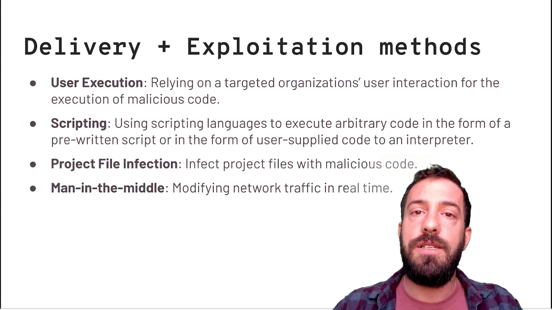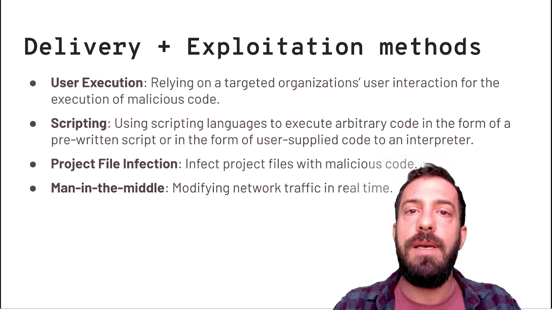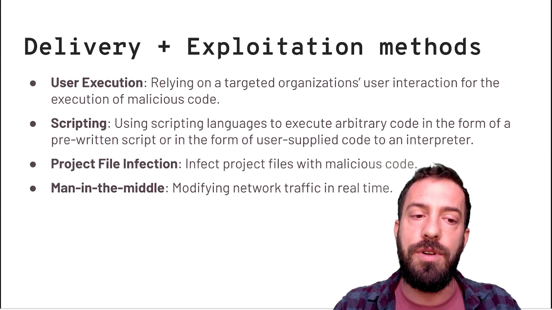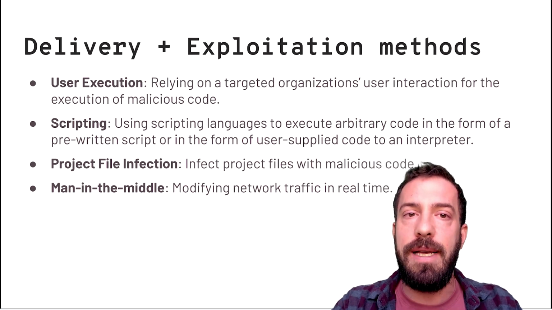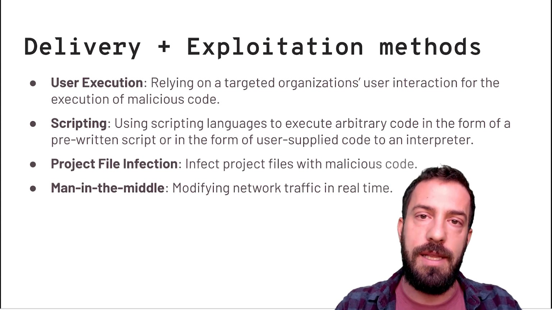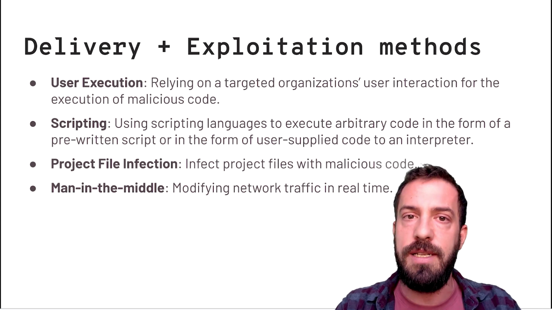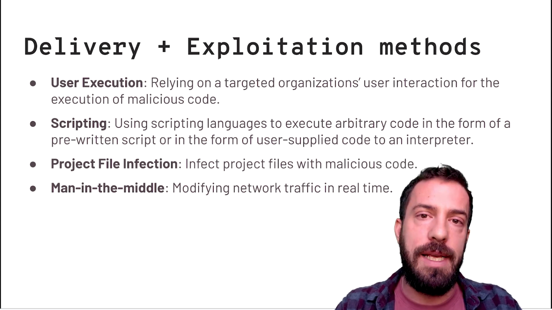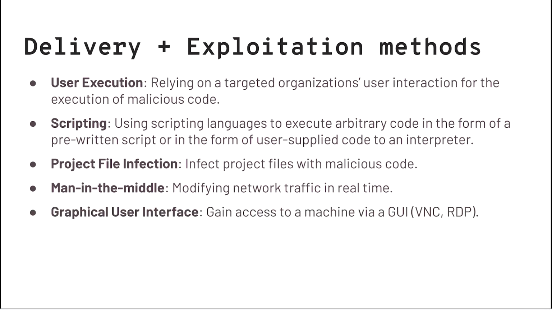Man-in-the-middle attacks, so you modify the network in real time. If you have some interaction with outside networks, you can intercept packets coming in and out of the organization you're targeting, and you can use that as a way to either do reconnaissance or to deliver and exploit some problem of the operating system of the target system.